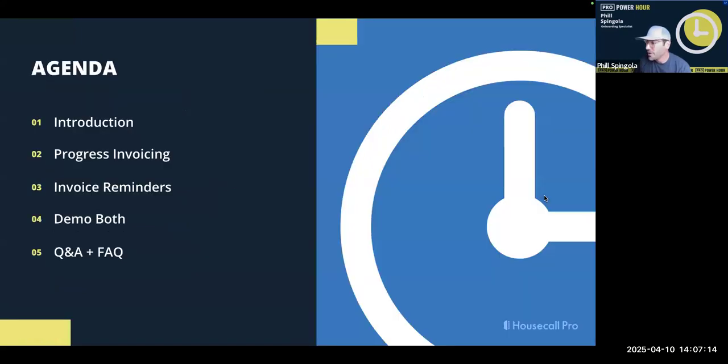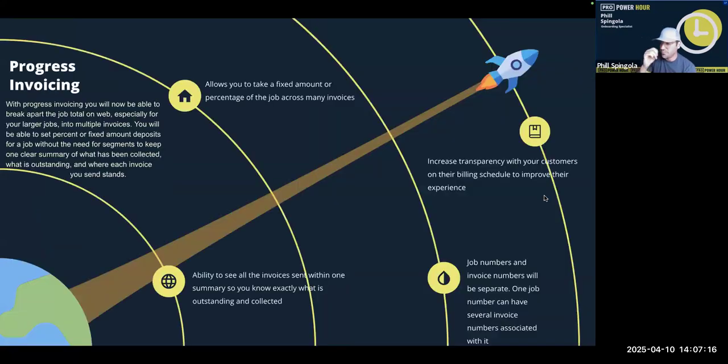So for progress invoicing, why are we using it? It's mostly for the web at this time. What it allows us to do is, for any larger jobs or ones that may have multiple invoices, or if you want to take deposits, progress invoicing is perfect for you because it allows you to take a big number for a particular project and break it up into smaller payments for your customers.